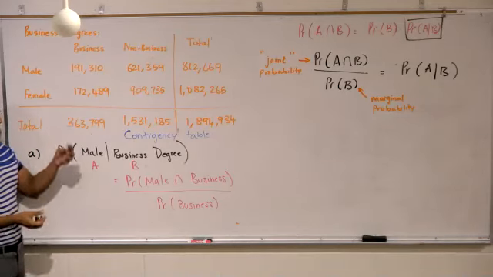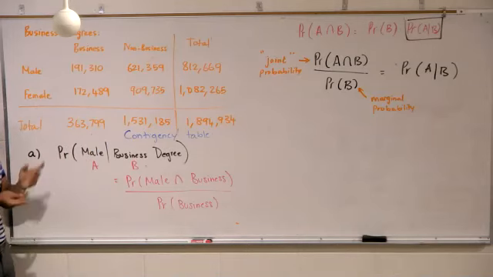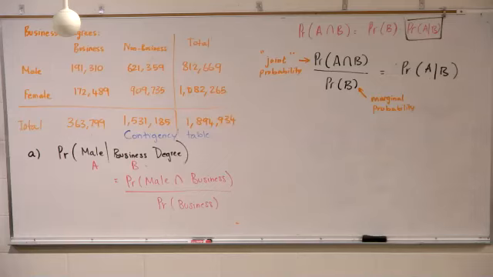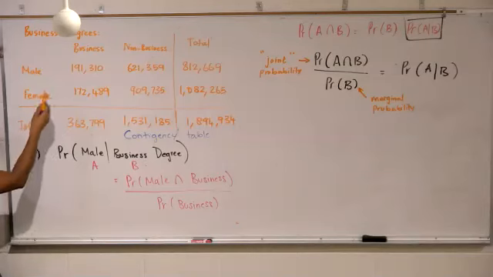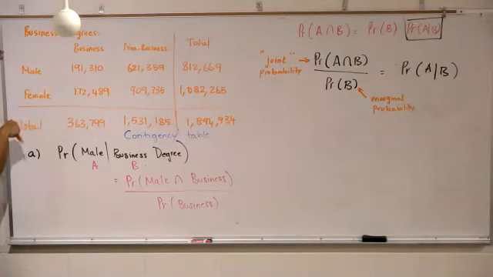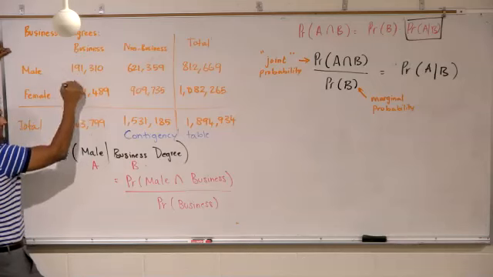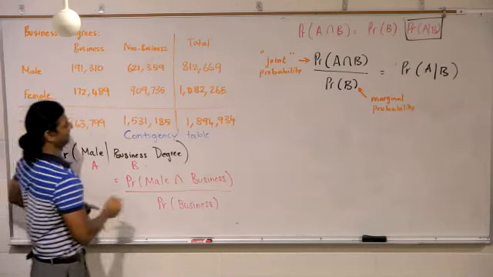The probability that someone is male and they have a business degree, what is the value? How do we find that probability? How many of them are male and have a business degree on the table? Right here, this and that. So that is our number.